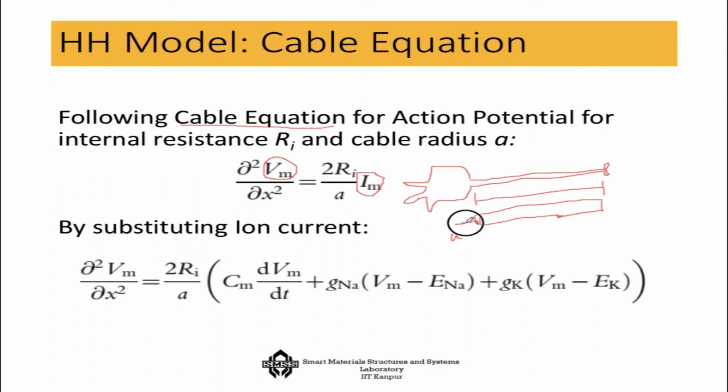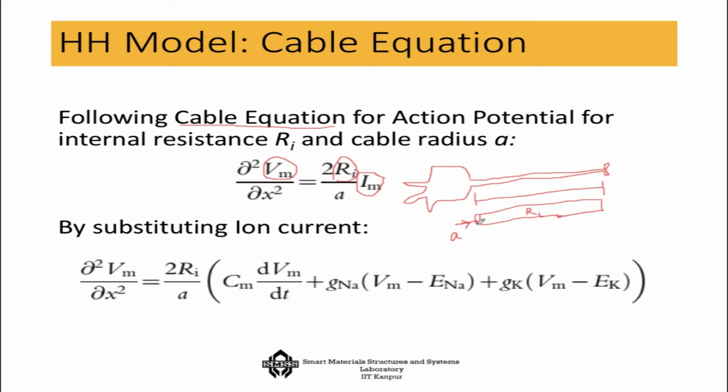That's one thing. And the other thing here is the internal resistance. This internal resistance is the resistance inside the cytoplasm of these axons, and let's say that is denoted as Ri.